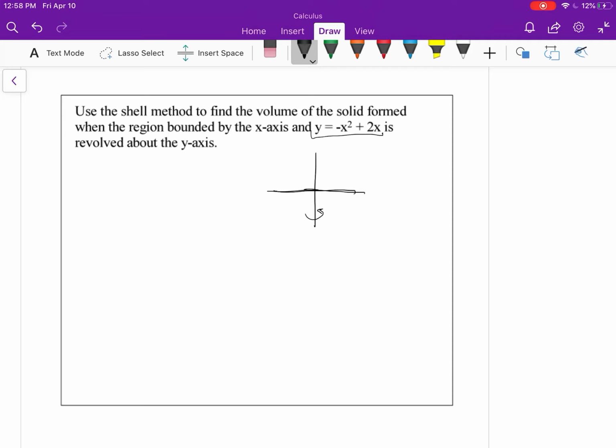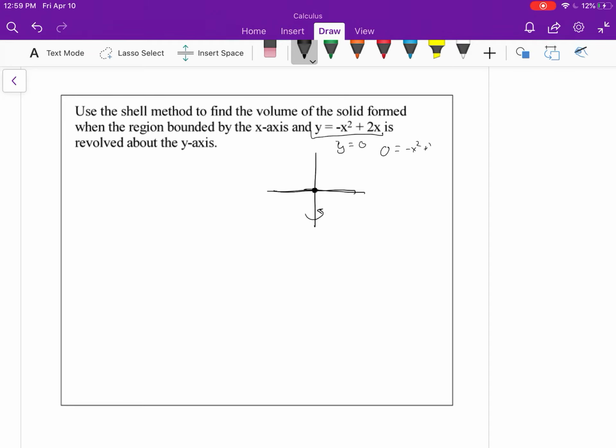Let's go ahead and work through this. To find the y-intercept, you can plug 0 in for x. So y is going to equal 0. And to find the x-intercepts, we can plug 0 in for y.